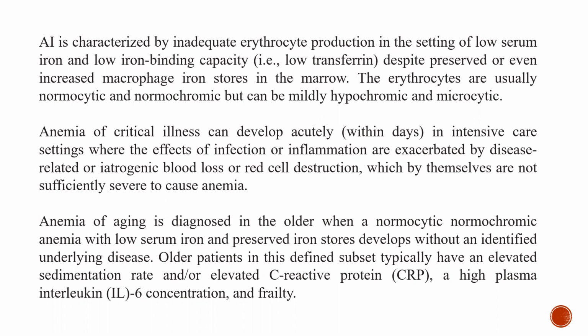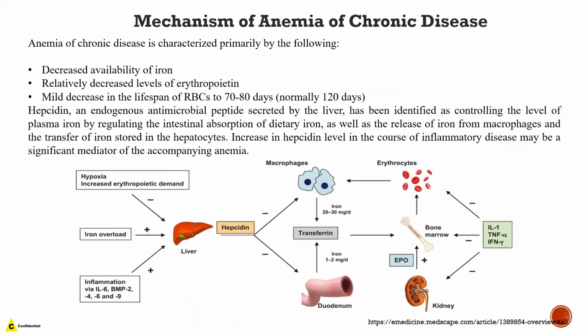Anemia of chronic disease is characterized primarily by decreased availability of iron, relatively decreased levels of erythropoietin, and a mild decrease in the lifespan of red blood cells, to about 80 days instead of 120.